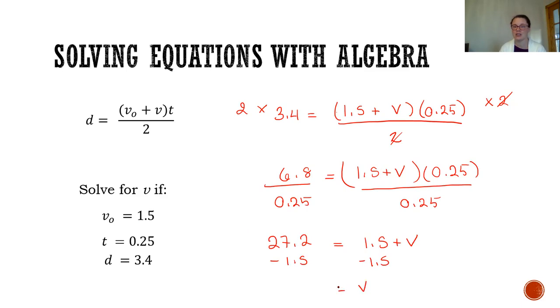And we end up with V is equal to 25.7. And again, you could argue if you wanted 26, you can argue your decimals a little bit, but I don't think we need to keep any more than that.